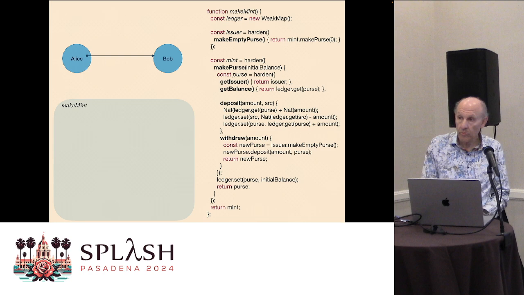So, this code brings about the E-rights level of abstraction for the example of money.